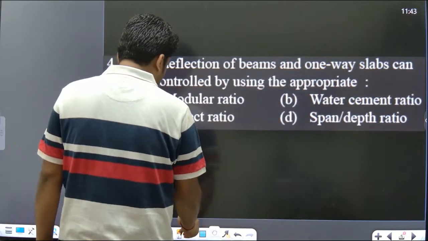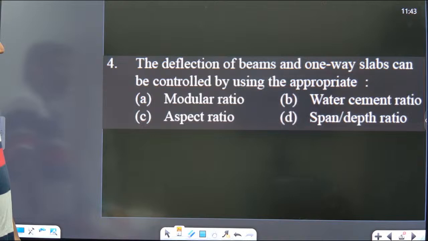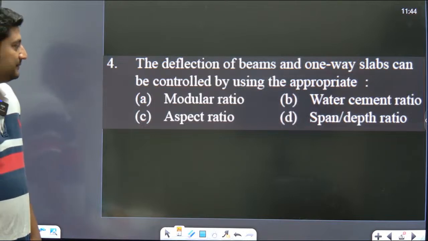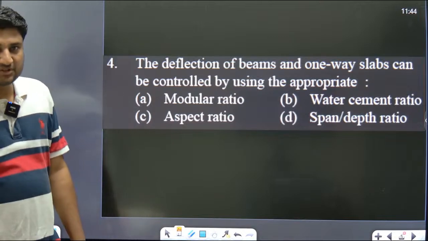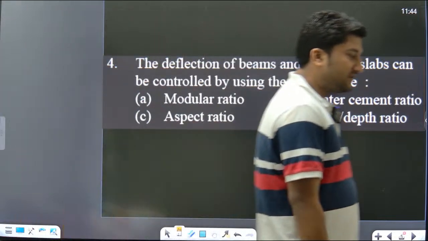Answer this question, guys. The deflection of beam and one-way slab can be controlled by using the appropriate... This is also a simple question. Answer this.